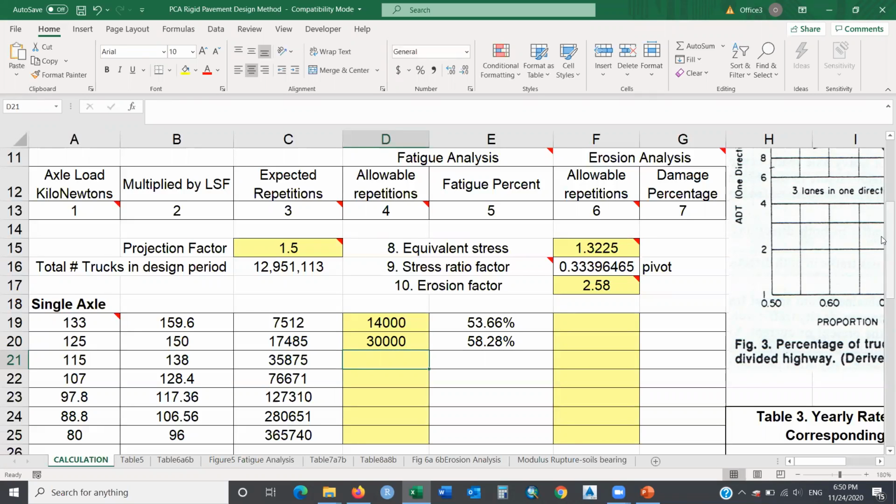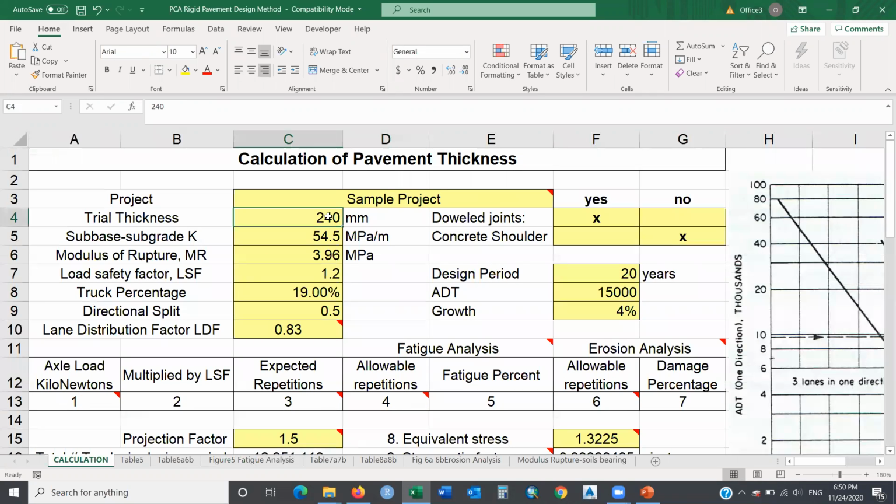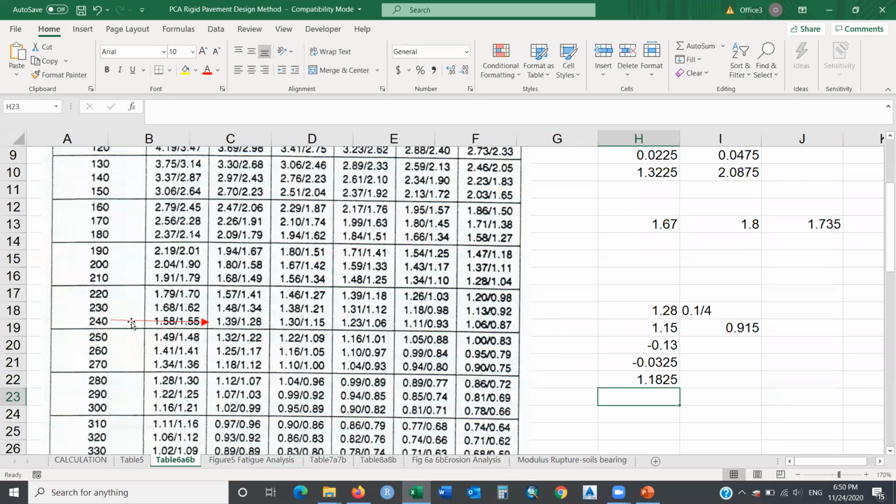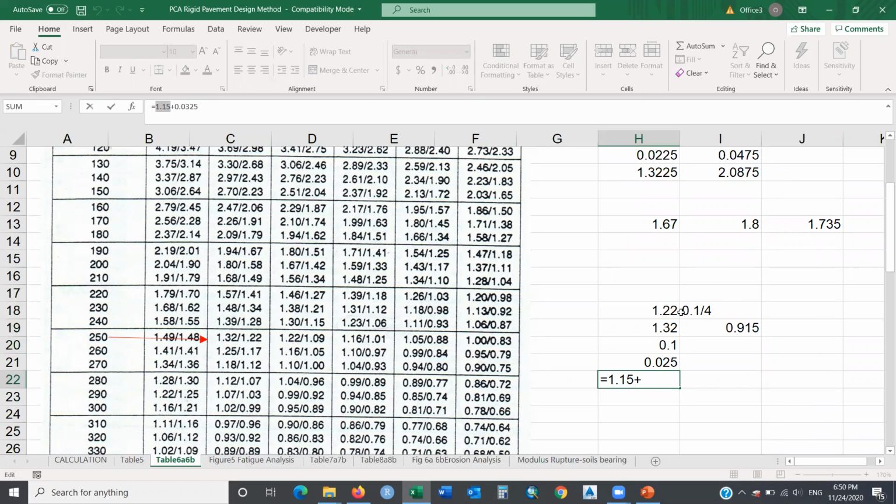So I have to increase to 250. Somewhere between 122 and 132. 125.25.